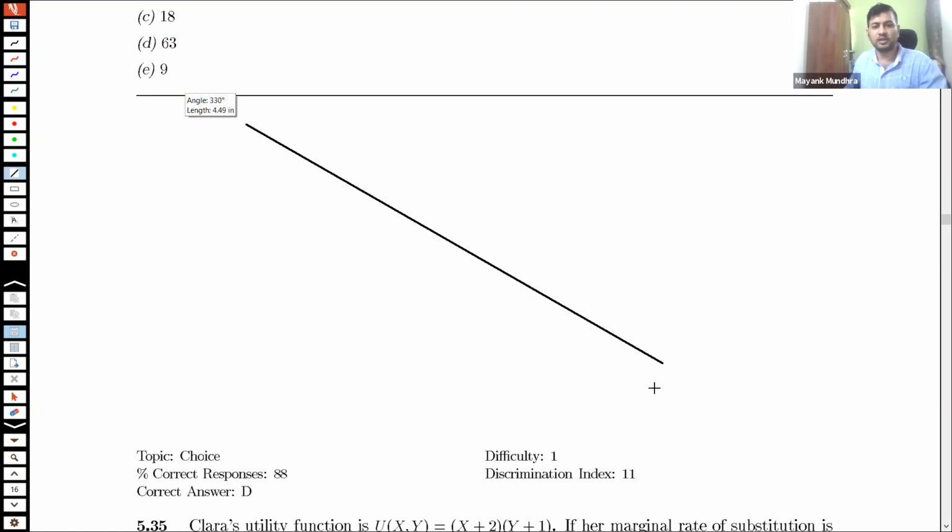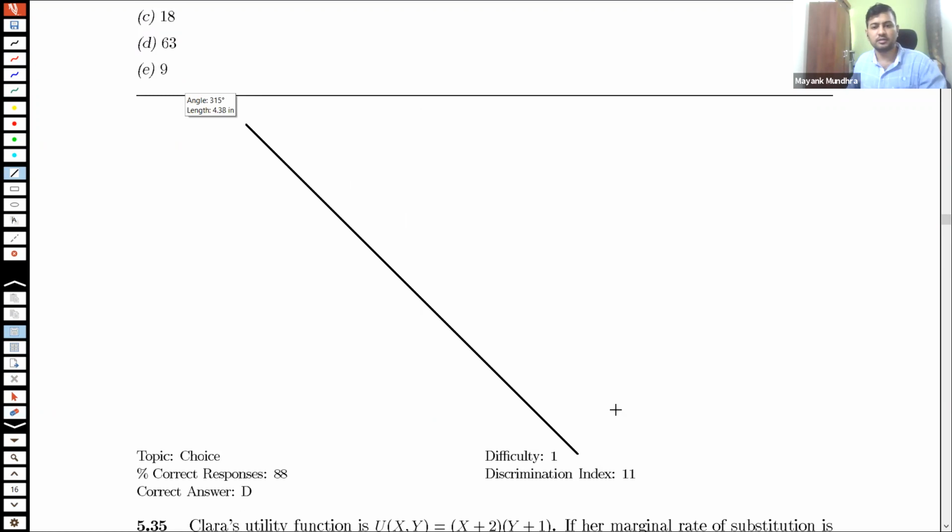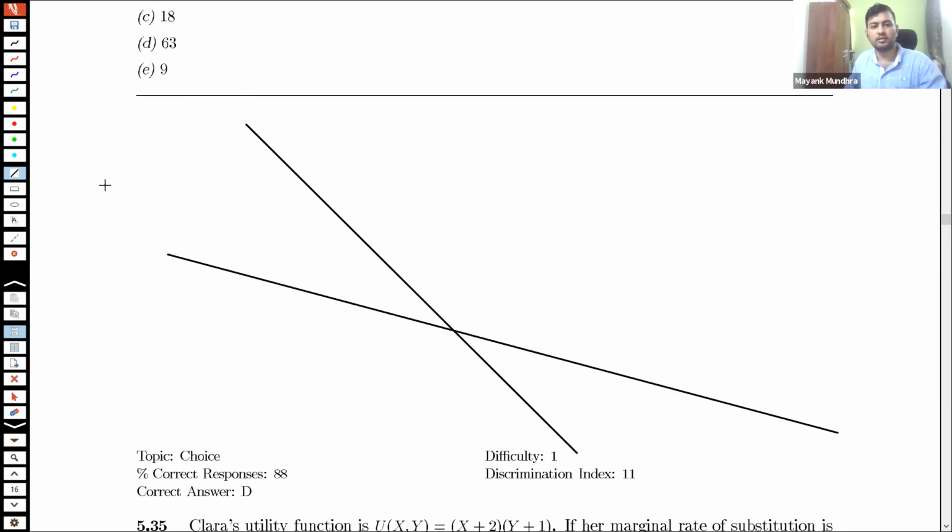So the problem is one line is sloped at 45 degrees and the other line is sloped at whatever slope half. So my indifference curve is passing through them like this.